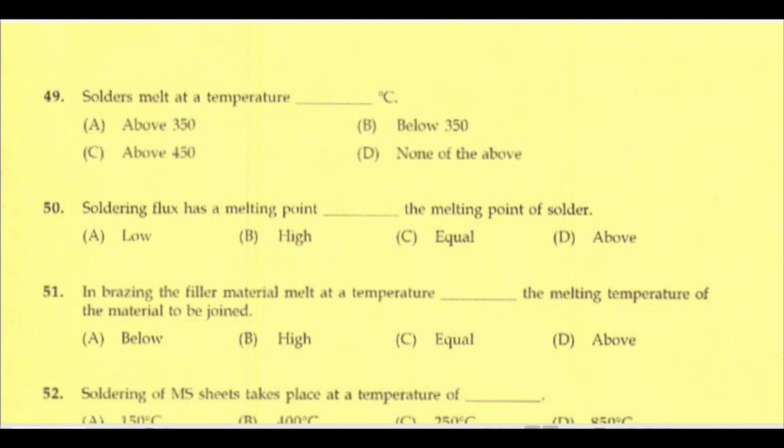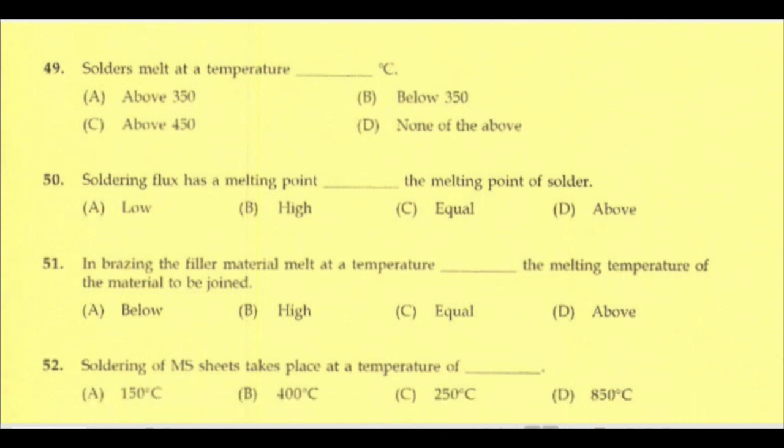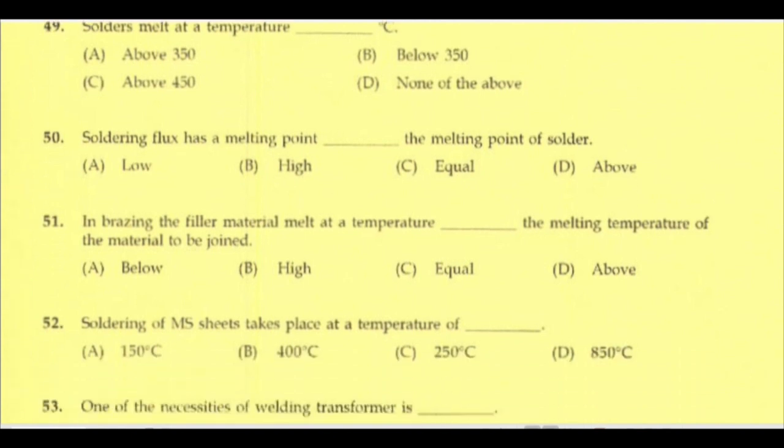Soldering flux has a dash melting point than the melting point of the solder. Soldering flux has a lower melting point than the solder. In brazing, the filler material melts at a temperature dash the melting temperature of the material to be joined.